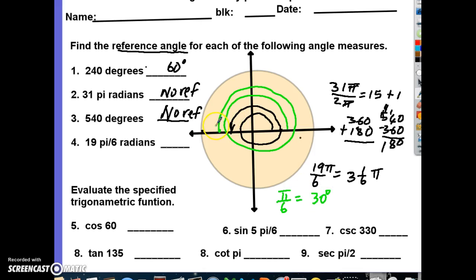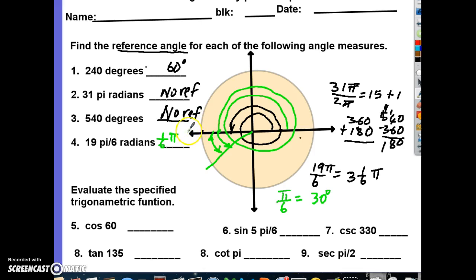So 1/6 means we're going to go another approximately 30 degrees, getting us into the third quadrant here. Here comes the reference right here, and you know the reference is just what it makes with the x-axis. So this right here would be 1/6 pi. So that's what this reference would be, 1/6 pi.